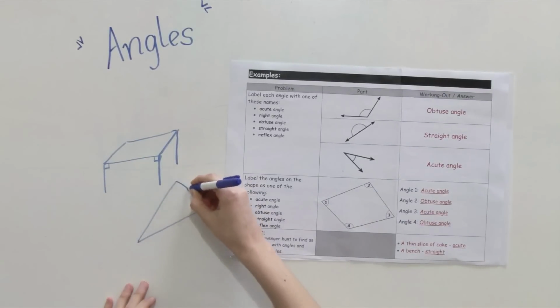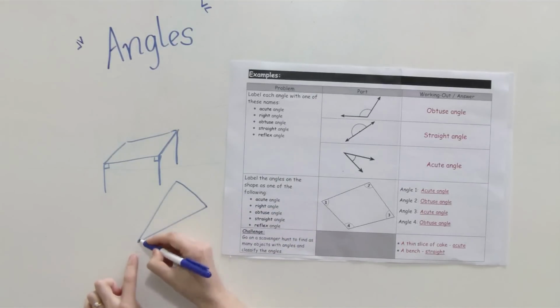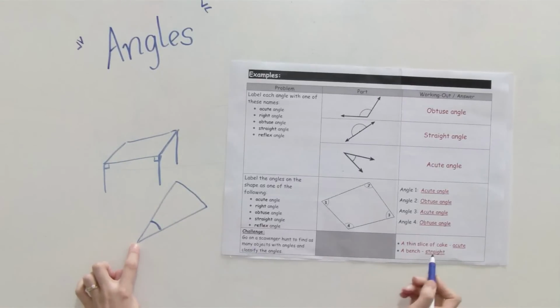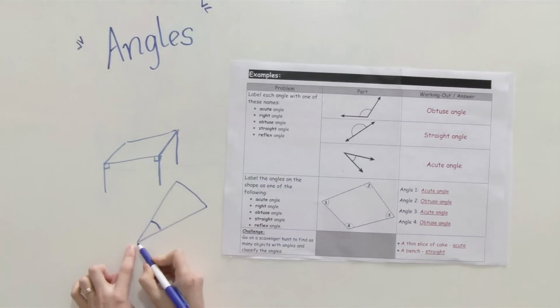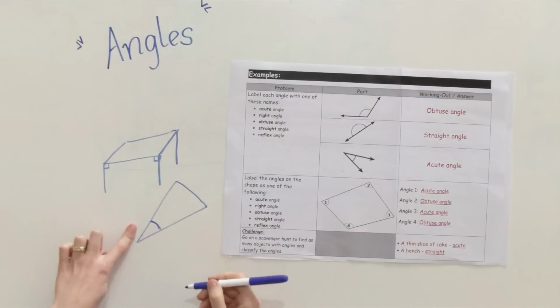The turning point between these two lines here is the angle I'm thinking about as an example of an acute angle. This one would be an acute one because it's not quite at the right angle just yet.